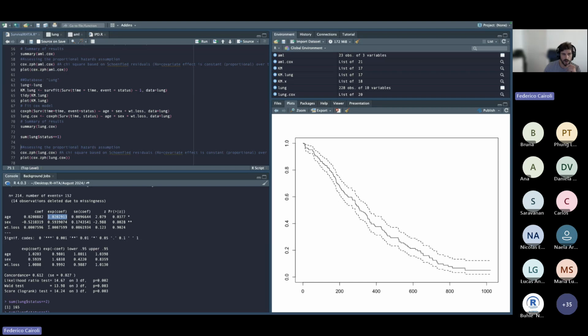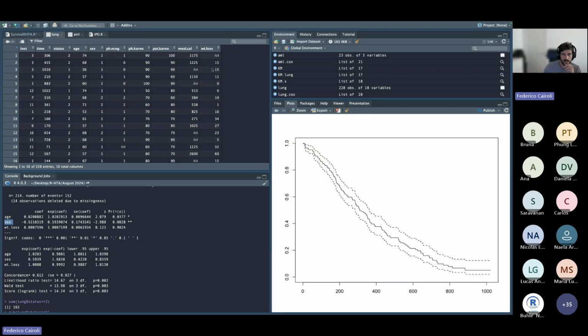In terms of weight loss, for every pound that the patient lost in the last 6 months, the hazard will be 0.007075. It's practically nothing.